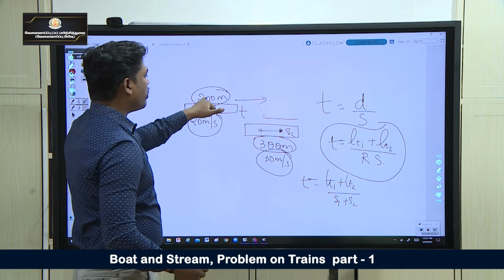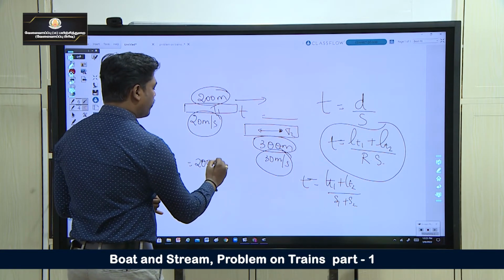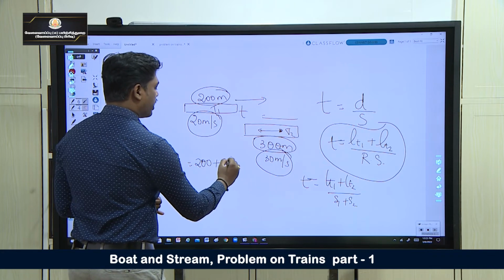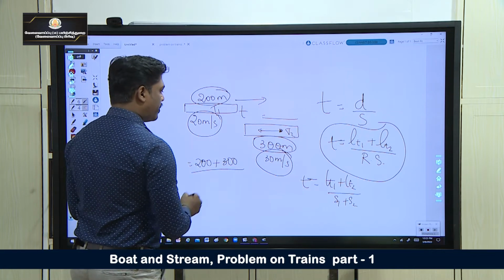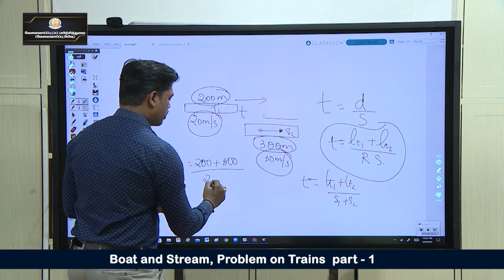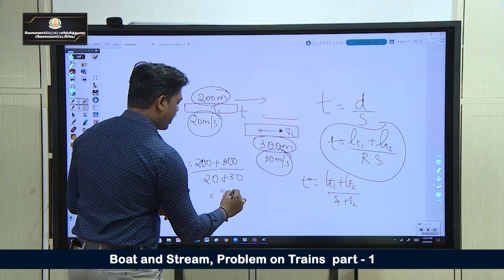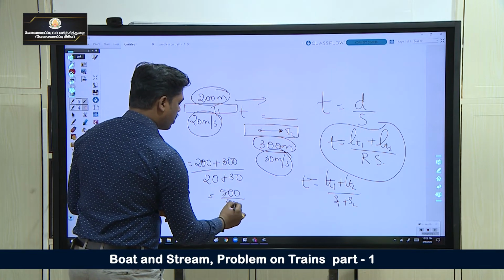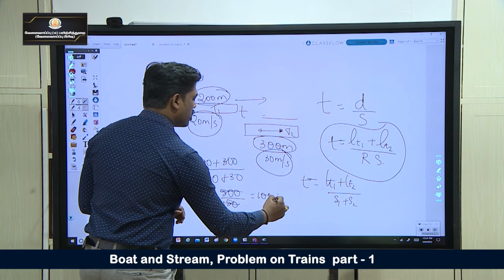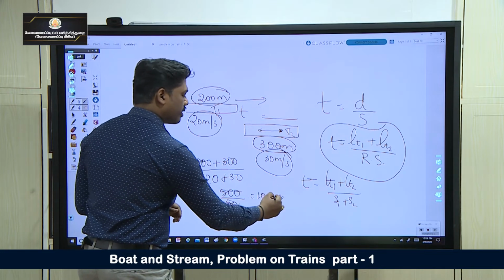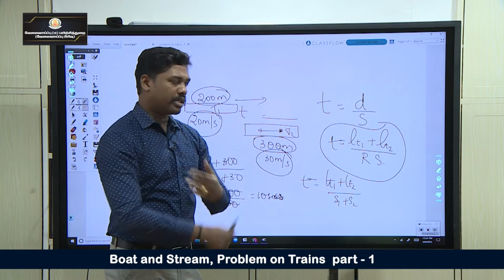Length of train 1 is 200, length of train 2 is 300, divided by relative speed, 20 plus 30. You will have 500 divided by 50. So in 10 seconds the two trains cross each other.